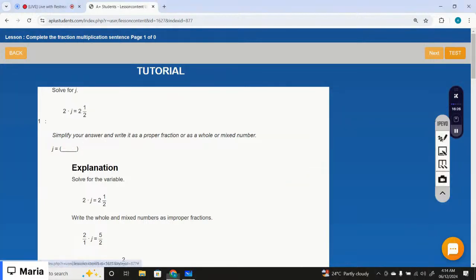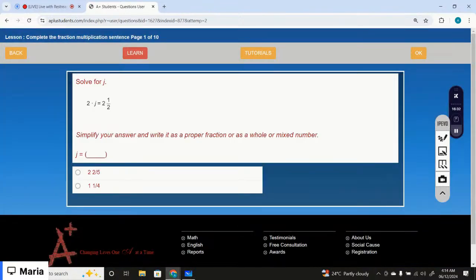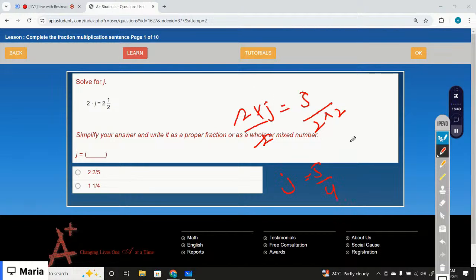Let's just start with the test questions. That is 2 times j equals 2 whole 1 by 2. That's the one we just did. So that is 5 by 4. You can divide 5 by 4. 4 times 1 is 4. You have the remainder 1. So that is 1 whole 1 over 4.